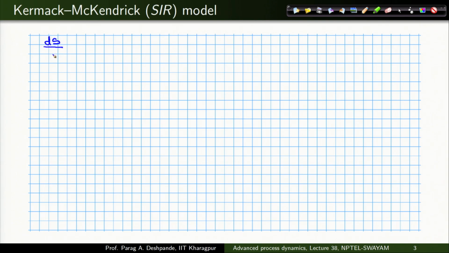I have dS by dt is equal to minus R S I, dI by dt is equal to R S I minus A I, and dR by dt is equal to A I. Fine.